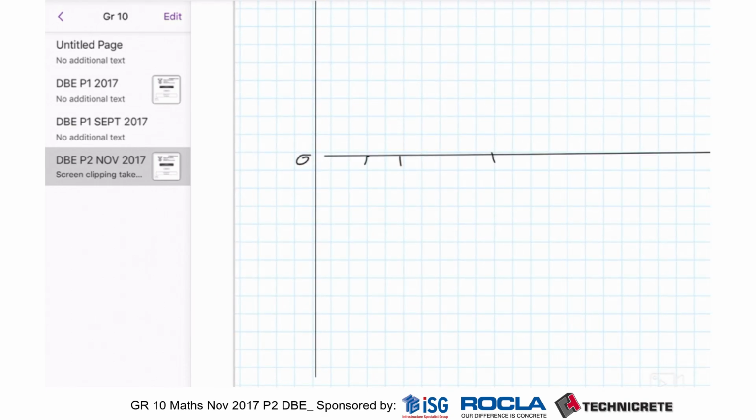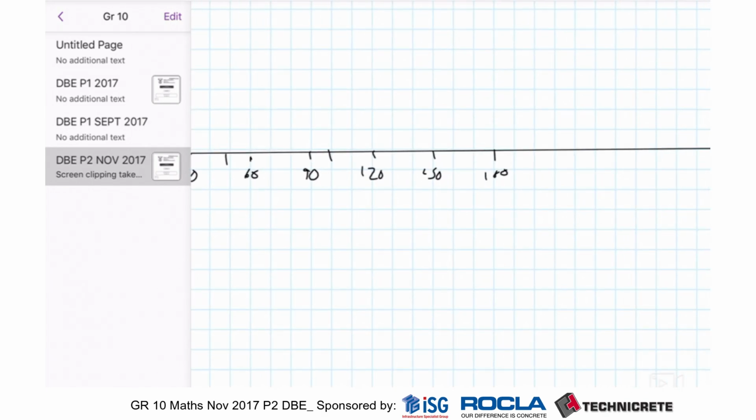So 1, 2, 3 is 30. 1, 2, 3 is 60. 1, 2, 3 is 90. 1, 2, 3 is 120. 1, 2, 3 is 150. 1, 2, 3 is 180. 1, 2, 3 is 210. 1, 2, 3 is 240. 1, 2, 3 is 270. Okay, but our restriction is till 270.